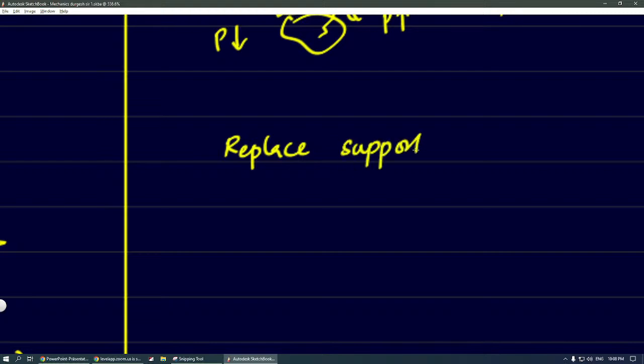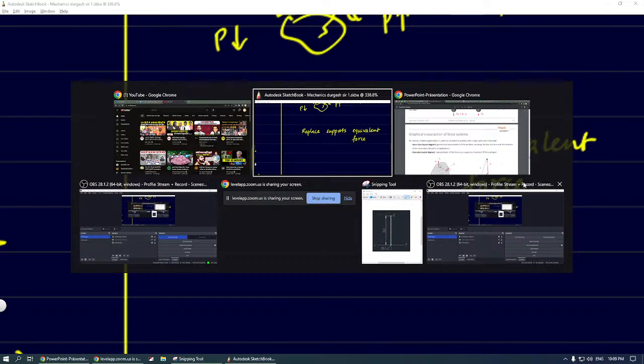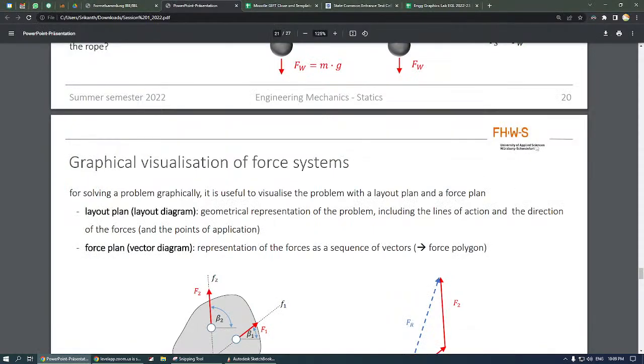Whatever supports are there, we replace them with equivalent forces. It can be a thread, it can be a physical support. So we are replacing them with their equivalent forces, right? Then once we have all the forces, we can apply the laws of equilibrium to analyze the forces.